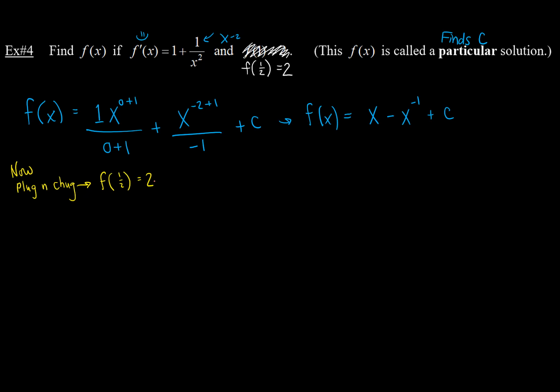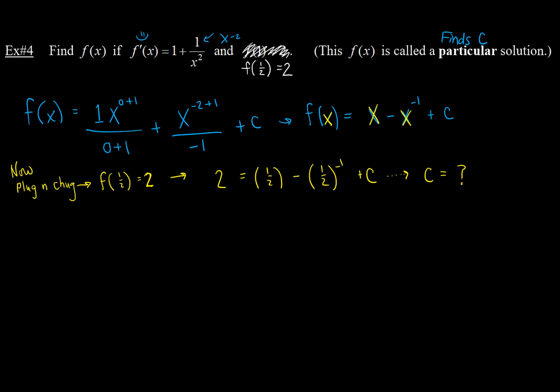For our function, we're going to put in 1/2 for all of our x's, and then our output is going to be equal to 2. So 2 equals 1/2 minus 1/2 to the negative 1 plus c. And then what I need to do is solve that for c.